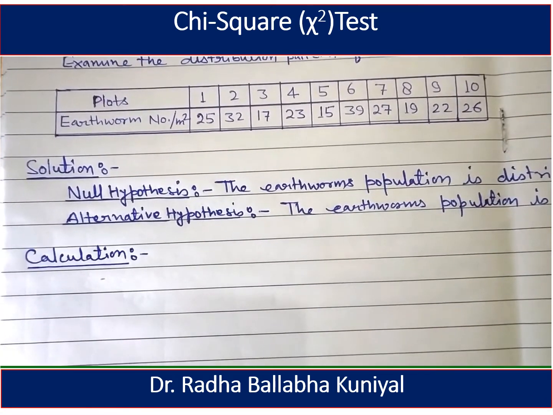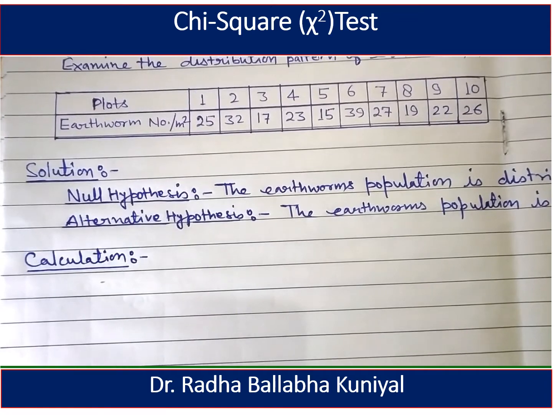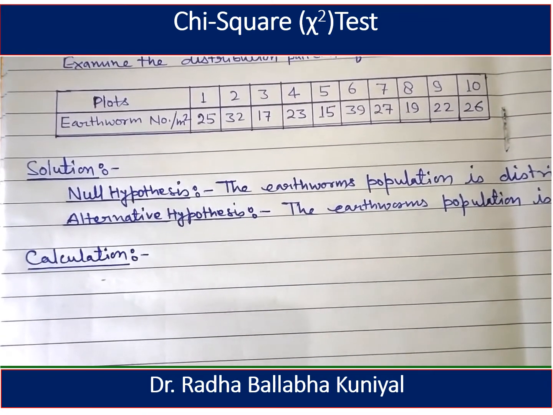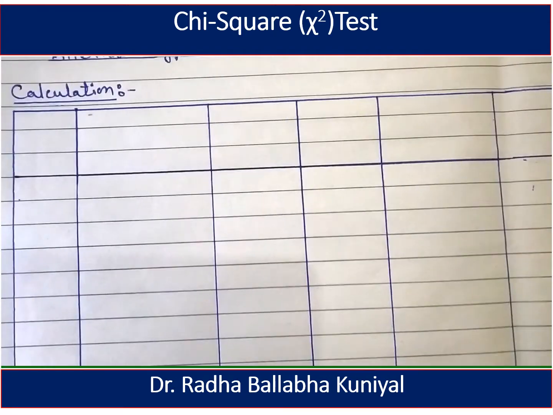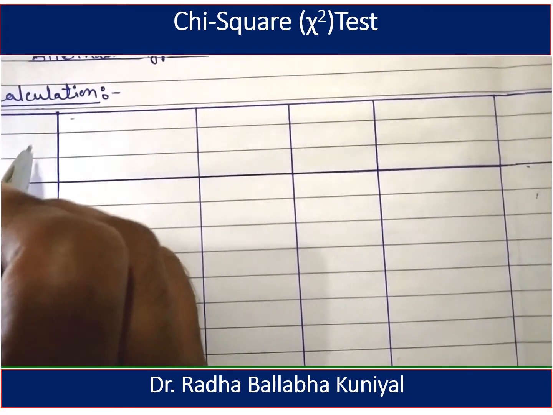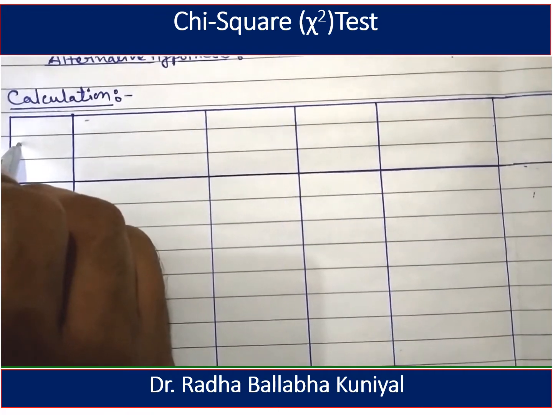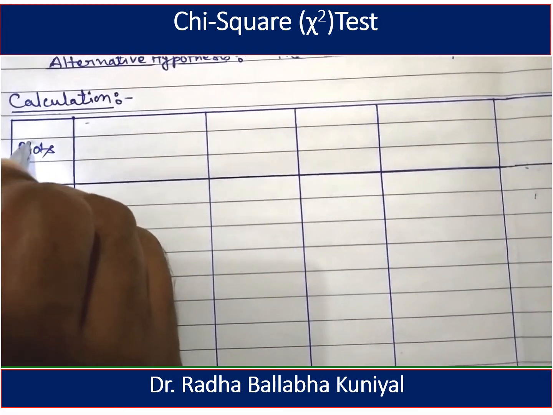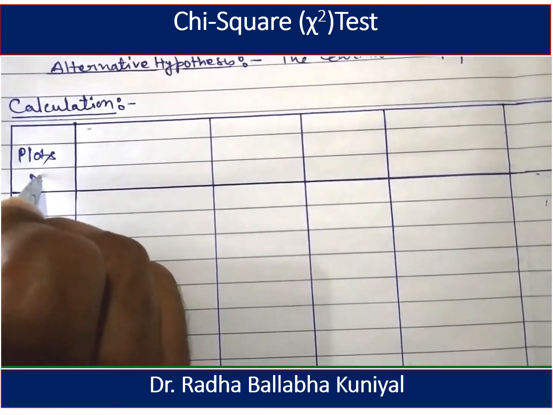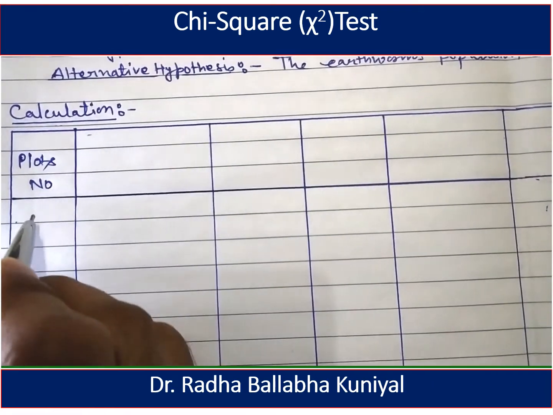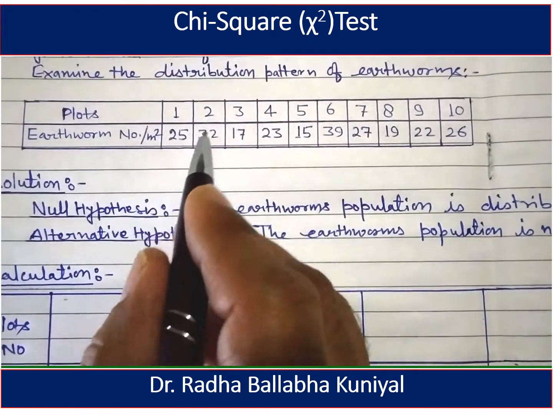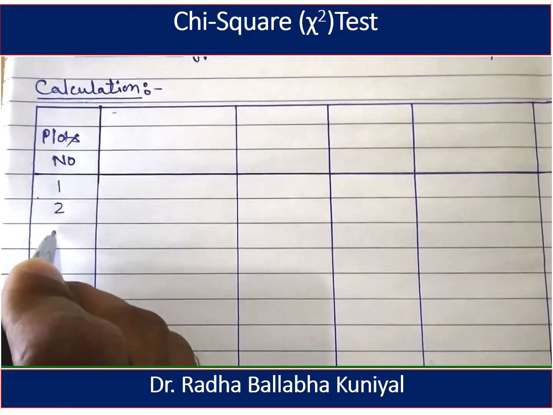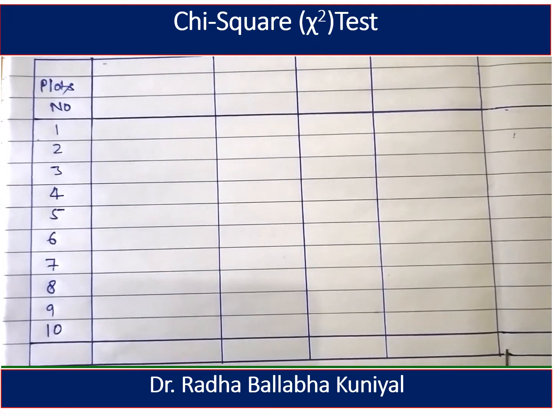Now we will make the calculation. For this purpose, we will draw a table having 6 columns to calculate the results. Now in the first column we will write the plot numbers, plot numbers 1 to 10 from this question, 1, 2, 3 and so on.